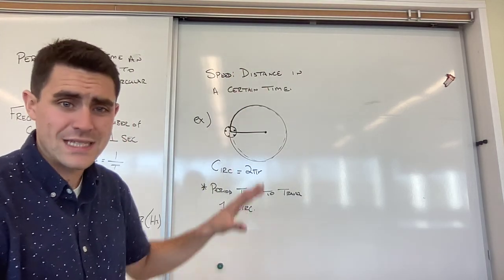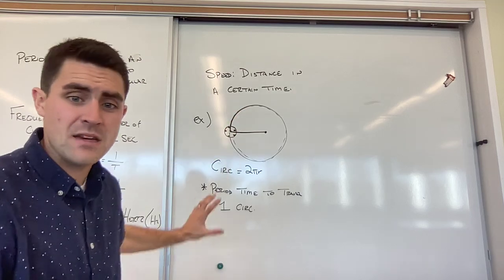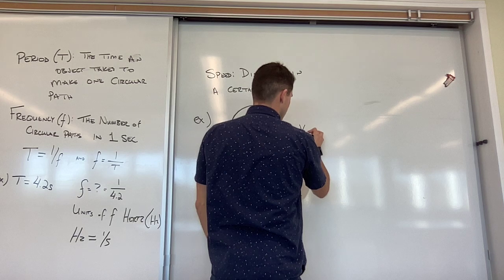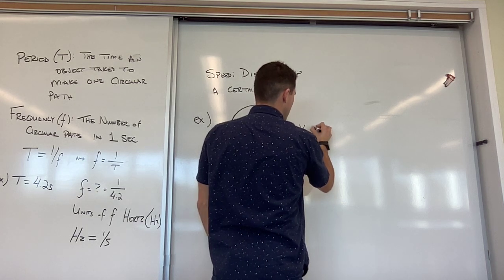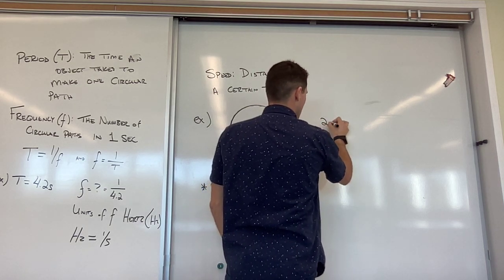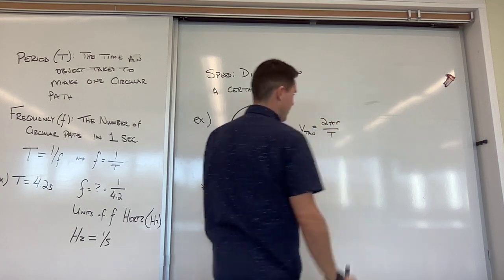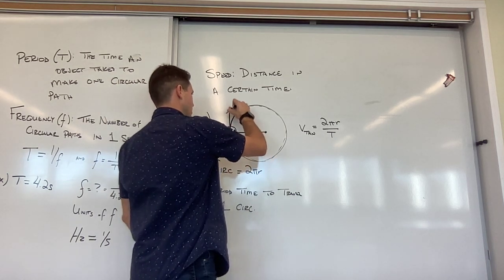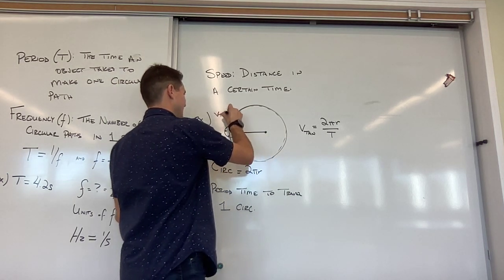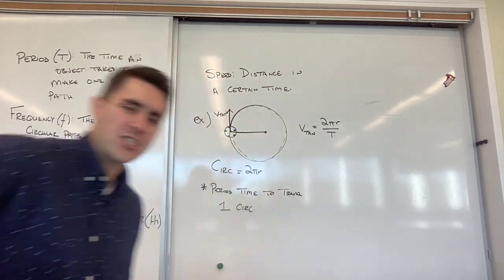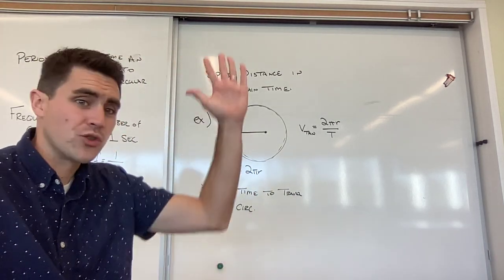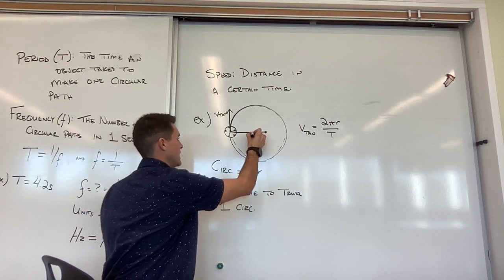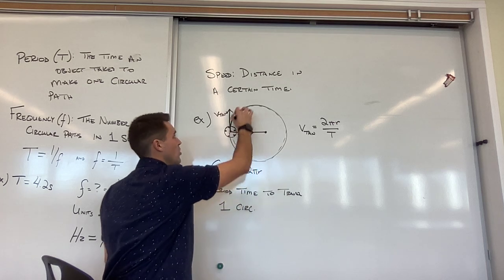If speed is distance over time, and circumference is the distance, and period is the time over that distance, my equation becomes velocity of a circle, or speed tangential as we call it, is going to be 2 pi r over the period. And we call it tangential speed because we know the object wants to move, or is attempting to move, on that tangential path, the path that is on a straight line away from the circle, but that force, this inward tension, inward centripetal force, is holding it in the circle.